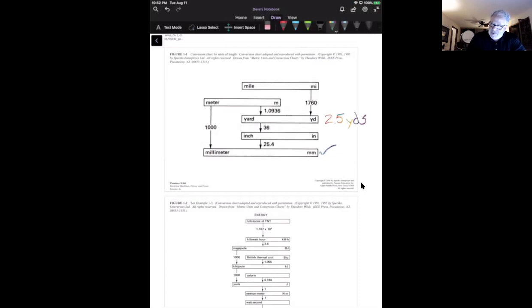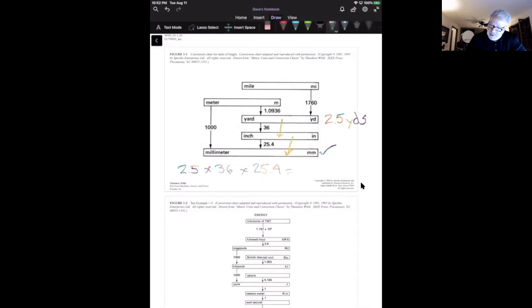Okay, so to get there, we're going to have 2.5 yards. To go from yards to inches, we're going to multiply by 36. And then to get from inches to millimeters, we're going to multiply again by 25.4. This problem's worked out for you in the textbook, but it's 2.5 yards times 36 times 25.4.